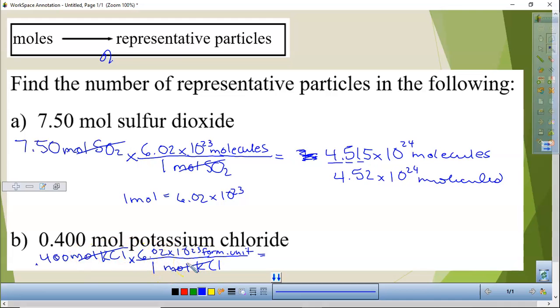Let's see what that is. 0.400 times 6.02 times 10 to the 23rd gives me 2.408 times 10 to the 23rd.